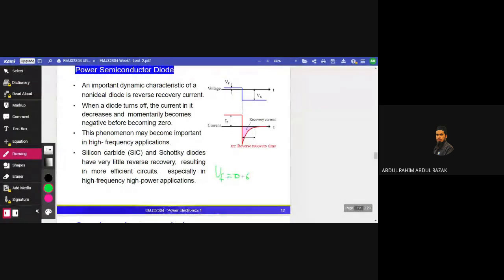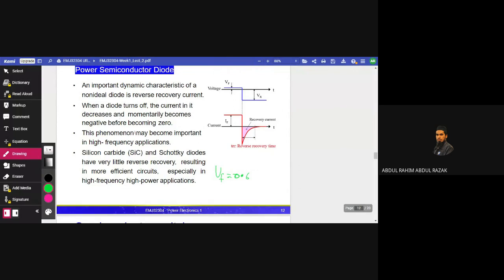Maybe for a Schottky diode, the voltage drop is much lesser. The lower the drop, the better the diode, but the higher the cost of the device.